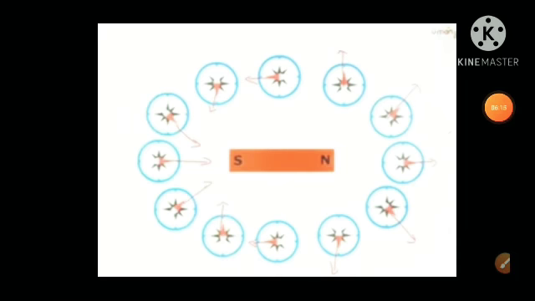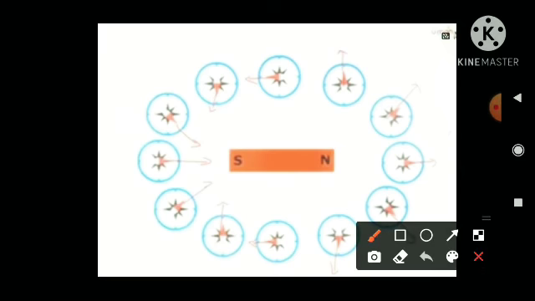So how can we find the direction of the magnetic field? By these magnetic lines we can find the direction if we put many compasses around the magnet. With these compasses, the red side of the needle directs the north side. The north side is directed here and all sides are directed here.